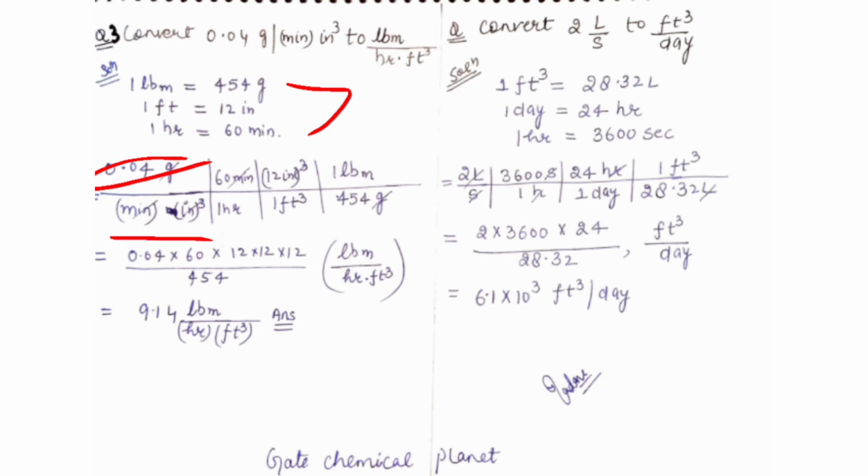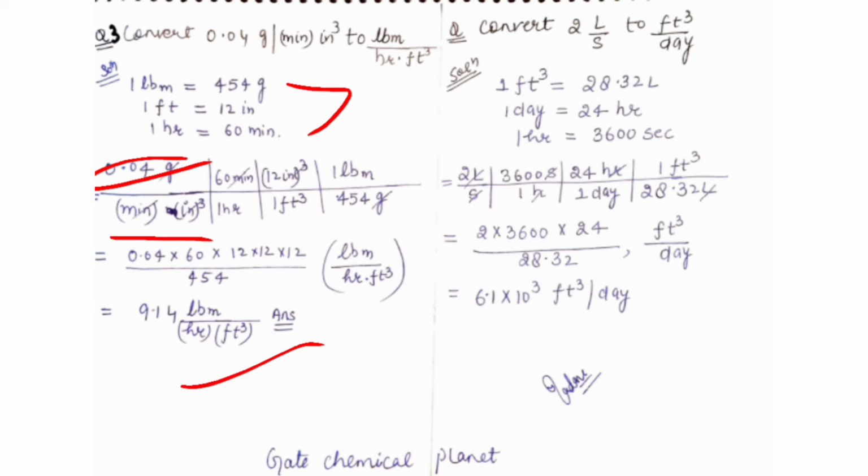We all know that 1 lbm equals 454 gram. So now put the conversion for the numerator, which is in gram. In this way, minute will cancel out, inch will cancel out, and you will get the answer in lbm per hour feet cube, which is 9.14 lbm divided by hour into feet cube.